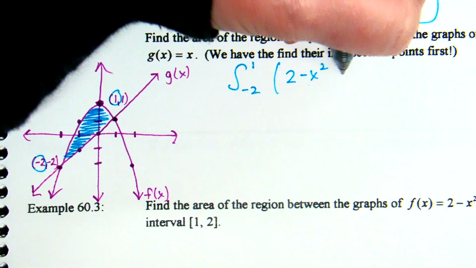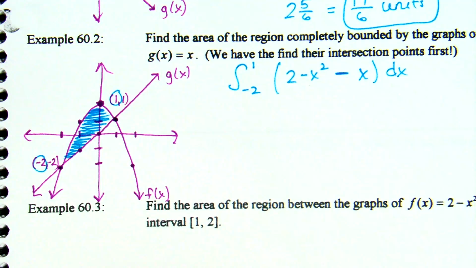Minus, what's the bottom section? The line of x. And that is my upper minus lower. If there's any like terms you could clean up, I would go ahead and clean those up. I mean, there wasn't last time and there's not again, but just kind of an FYI.